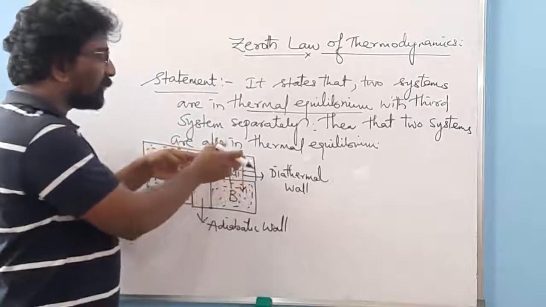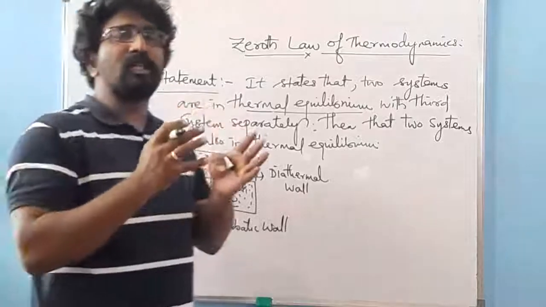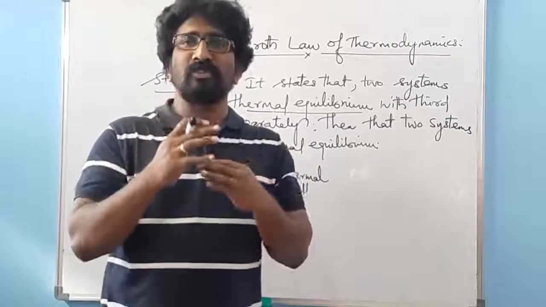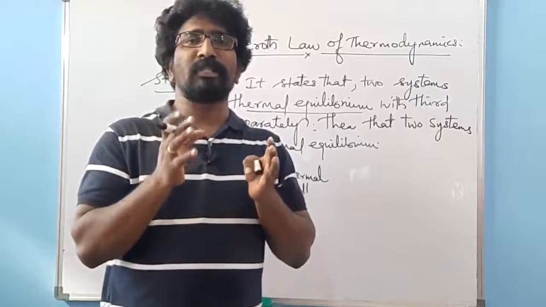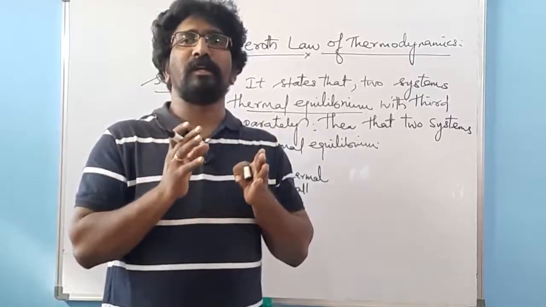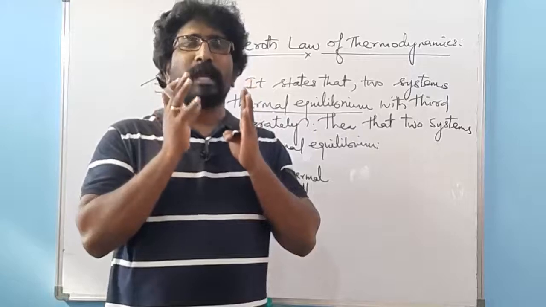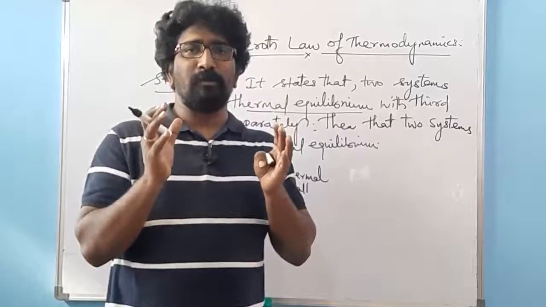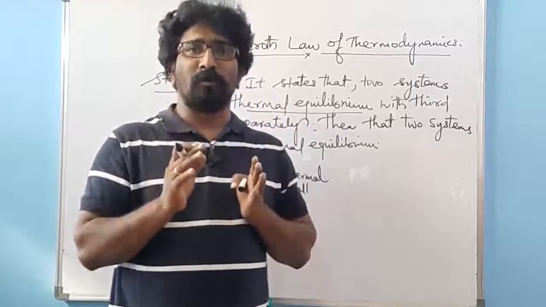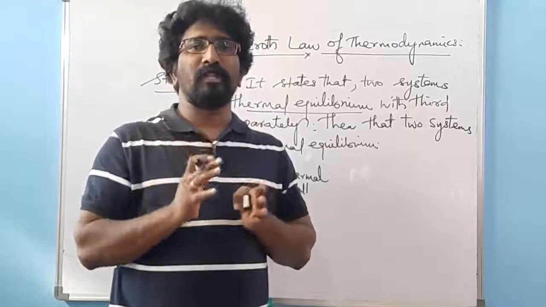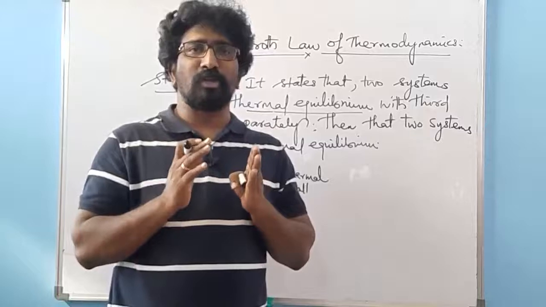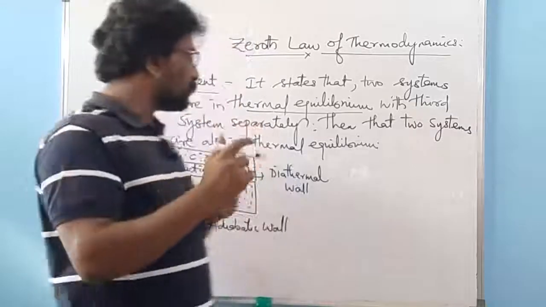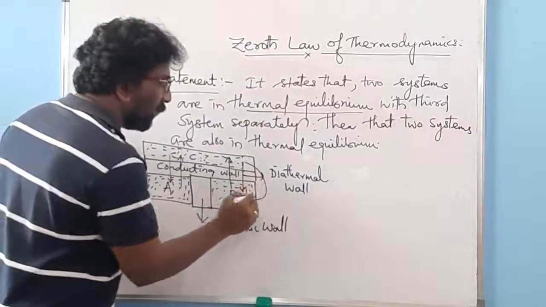Whenever the transferring takes place, the parameters of the thermodynamic systems will be changed or altered, and that alteration of the parameters takes place until the transferring of heat stops. Once the parameters on both the systems are the same, then the transferring of heat will stop. If the flow of heat energy from one system to another system is stopped, we can say both the systems are in thermodynamic equilibrium.